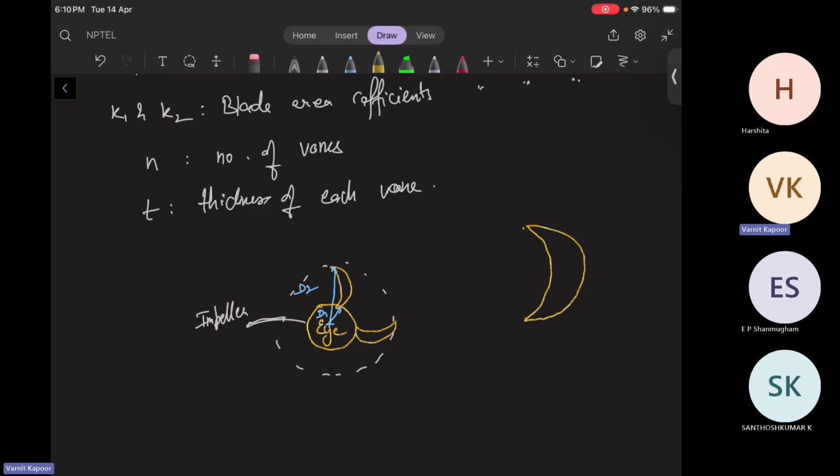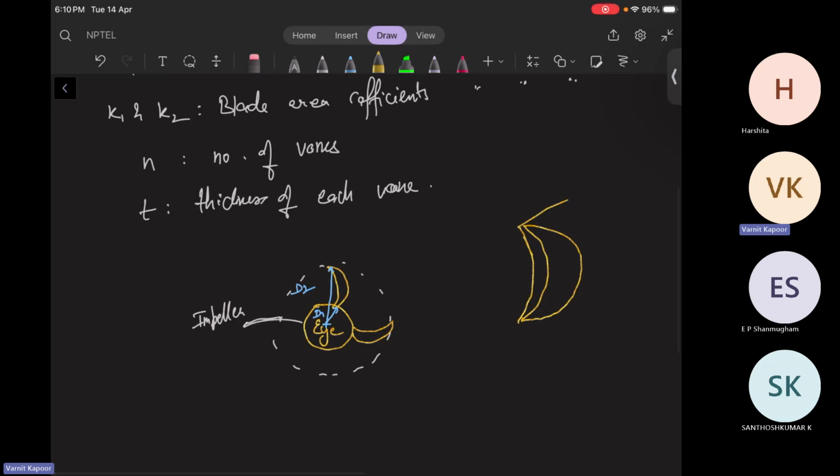Okay. Let us say I made a bit. Let me make it again. This is the vane.